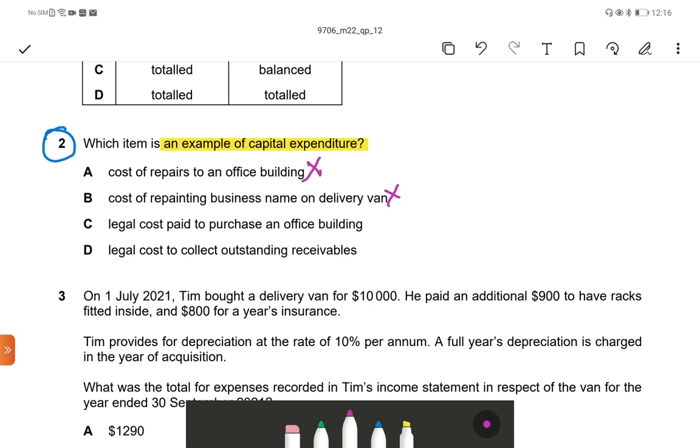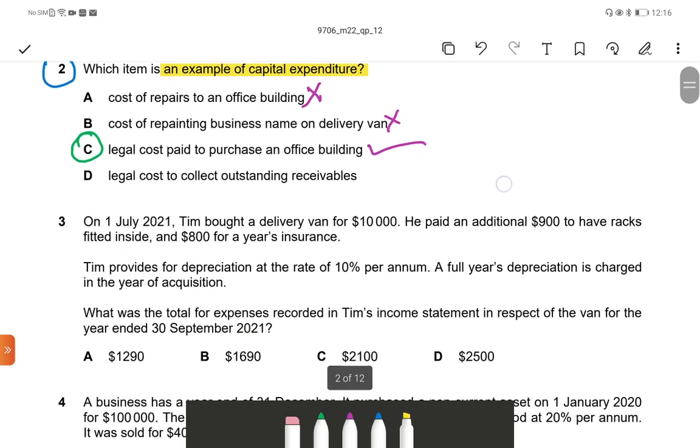Again revenue expenditure. Legal cost paid to purchase an office building. Capital expenditure means expense paid to purchase the non-current asset. So legal cost is included in the cost of purchase of an asset. So the correct answer is C, it is the capital expenditure.